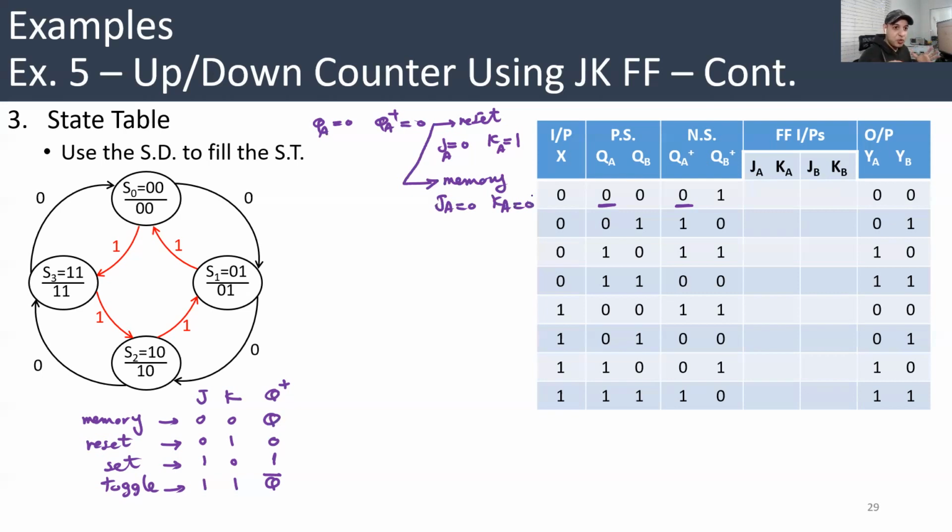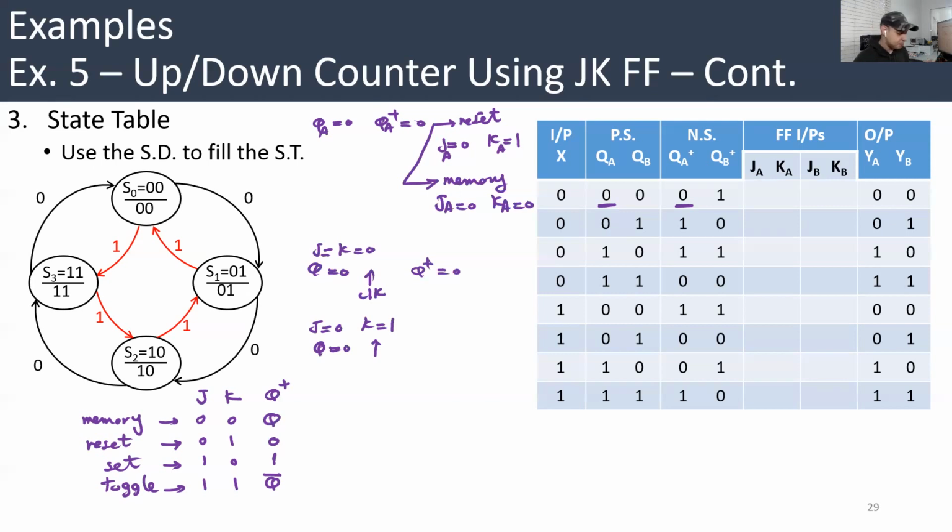I know now you are confused, but let's repeat it a little bit. Look, if you have J equal to K equal to 0, and the Q was 0, and the clock edge comes, what will happen? No change, right? Because J and K are zeros. So Q plus will be 0. Good. Now, if you have J equal to 0, K equal to 1, and Q equal to 0, then the clock edge comes.